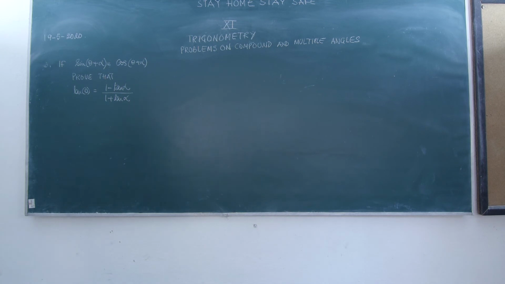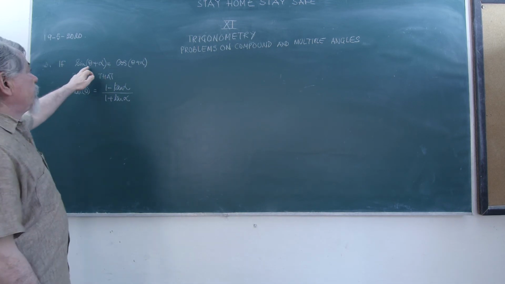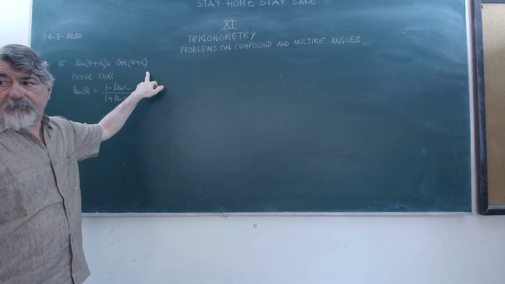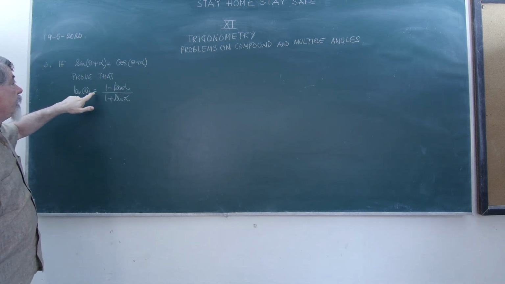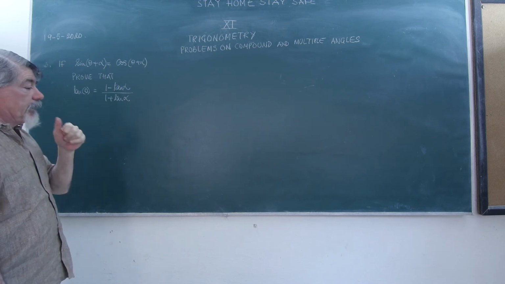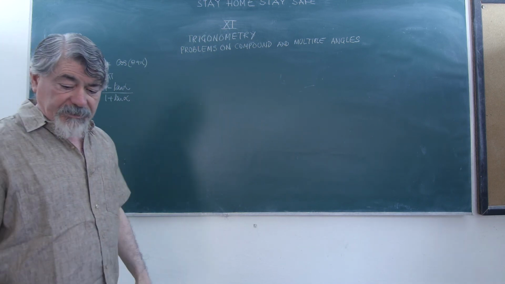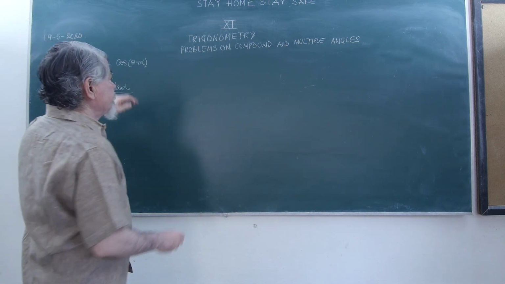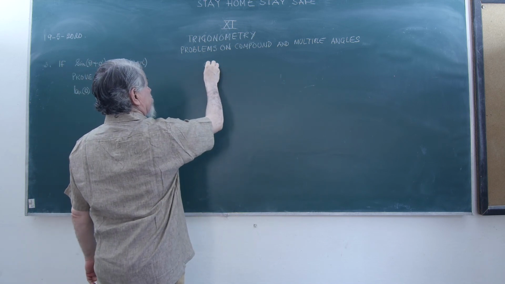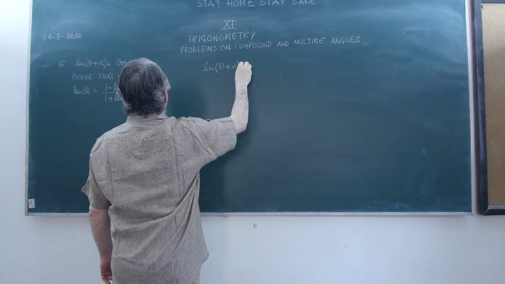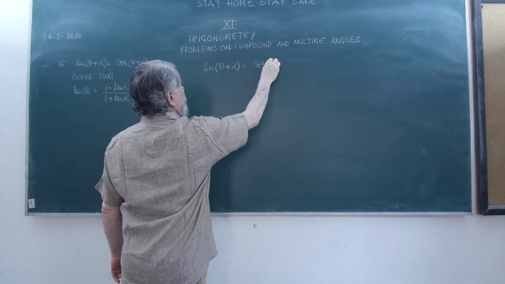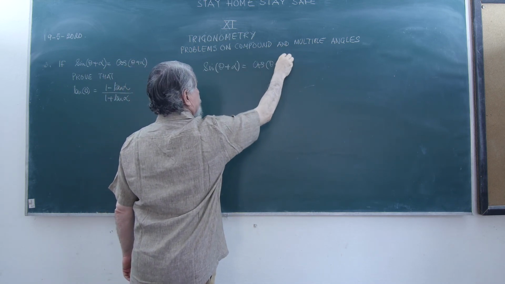Next question is: if sin(theta plus alpha) is equal to cos(theta plus alpha), prove that tan theta will be equal to 1 minus tan alpha upon 1 plus tan alpha. Now he has given sin(theta plus alpha) is equal to cos(theta plus alpha).